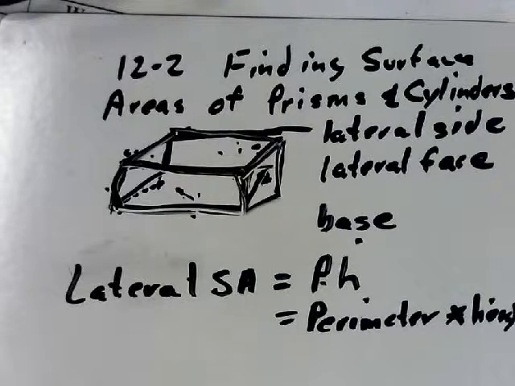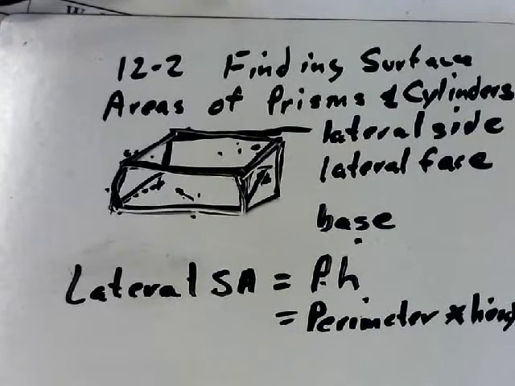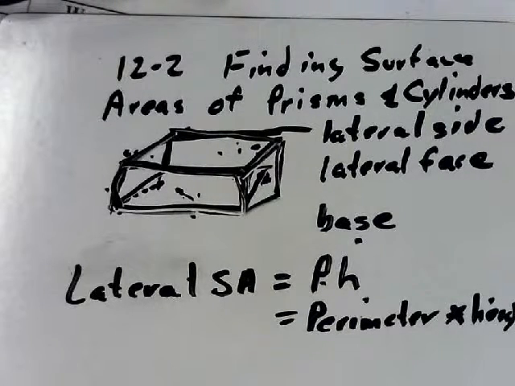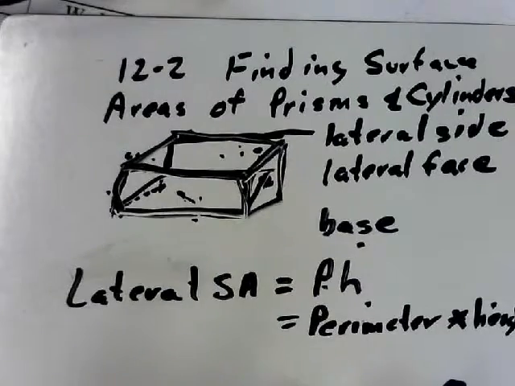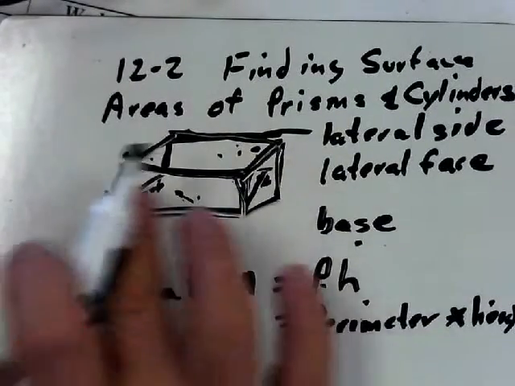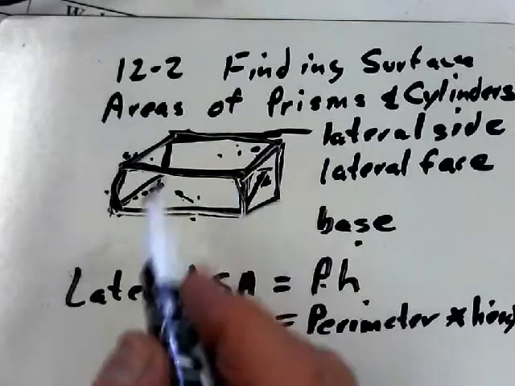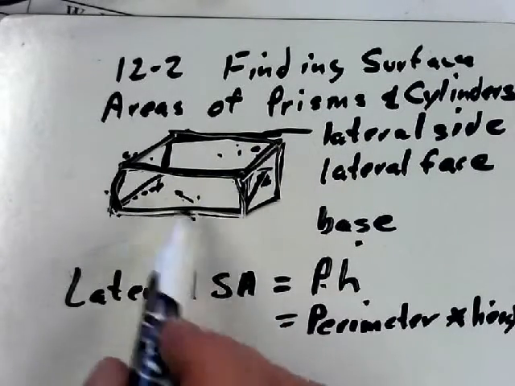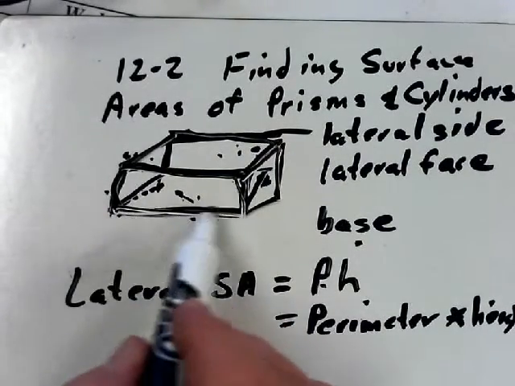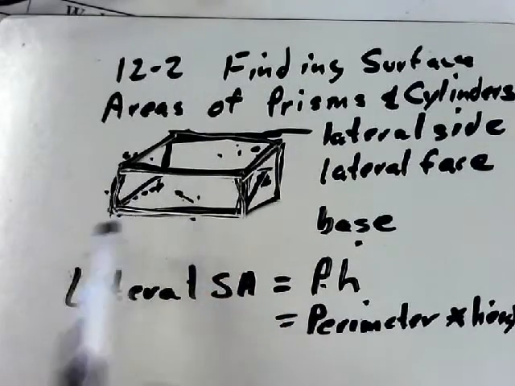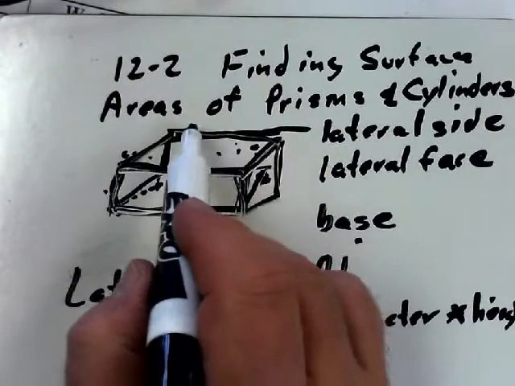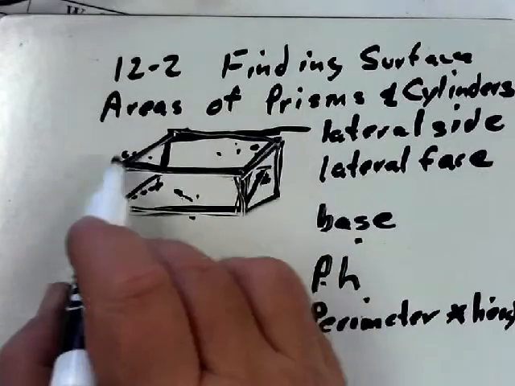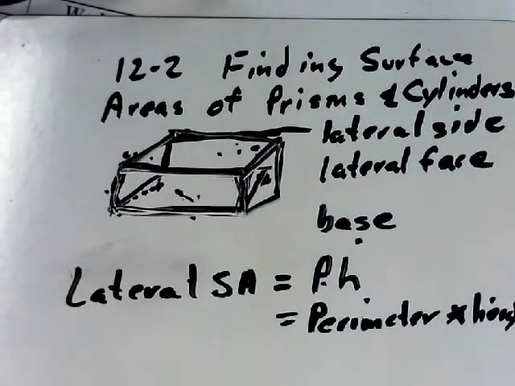So if I wanted to find the lateral surface area of this particular thing, I would have to find the perimeter of this and multiply it times the height of the box.